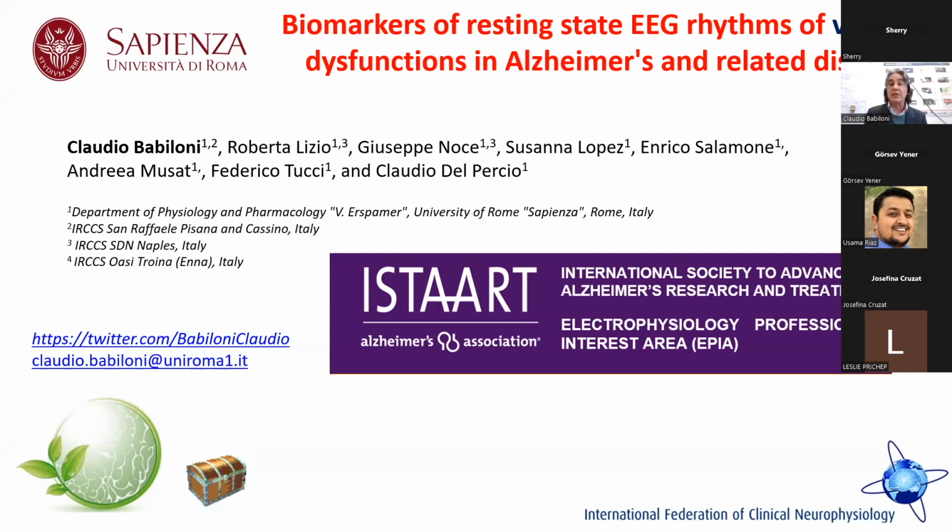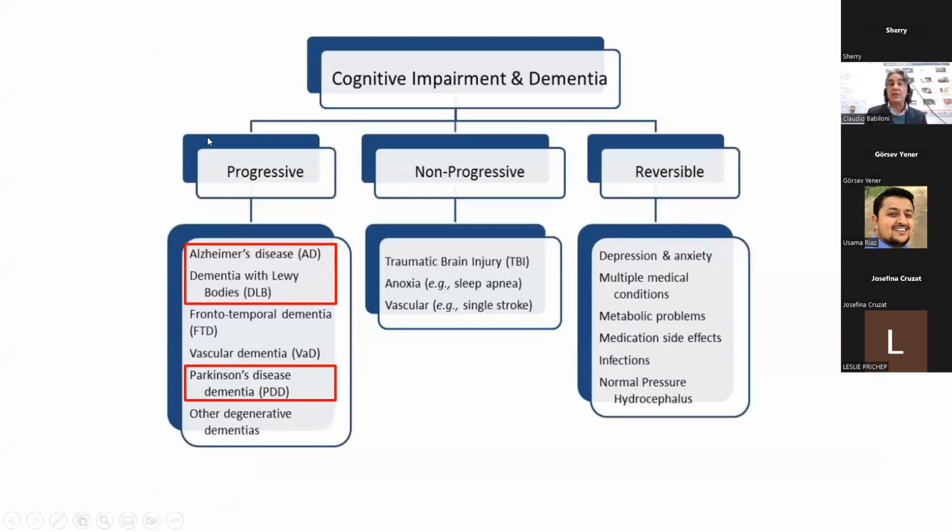Dementia is a clinical manifestation characterized by severe cognitive impairment and disability in daily living activities. A major role in generating dementia is played by neurodegenerative progressive diseases such as Alzheimer's disease, dementia with Lewy bodies, or Parkinson's disease.